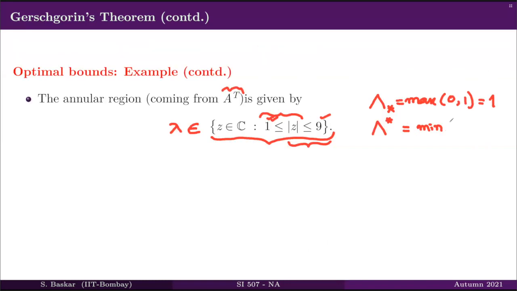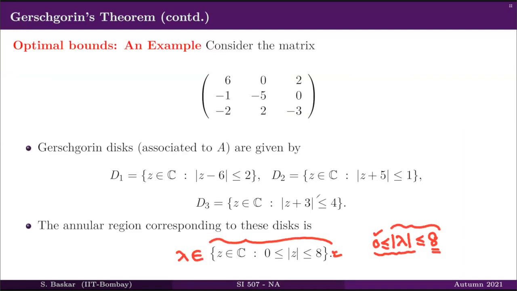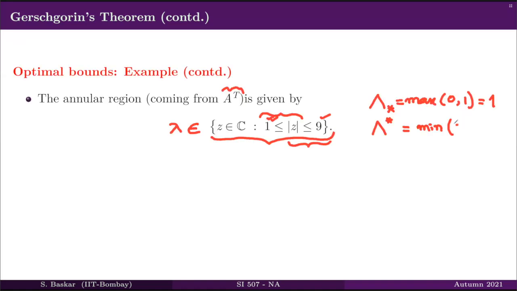Here it is the minimum of the upper bound in the case of A and the upper bound in the case of A transpose. If you recall, the upper bound that we got in the annular region in the case of A is 8. Therefore, we get 8 here. And here in the case of A transpose, we got 9, right? Therefore, your lambda superstar is going to be 8.